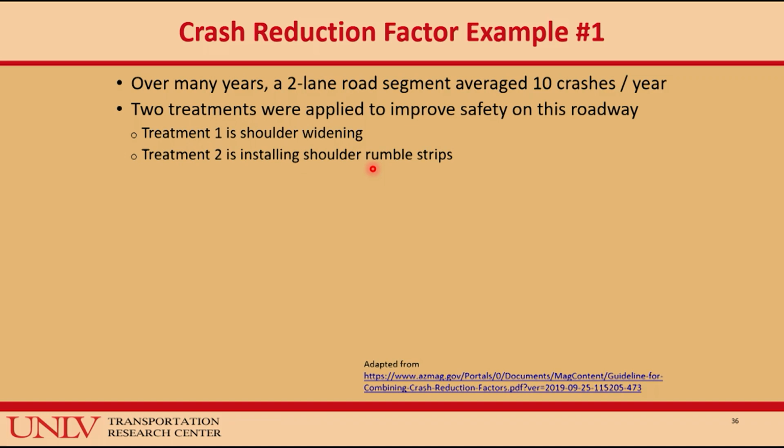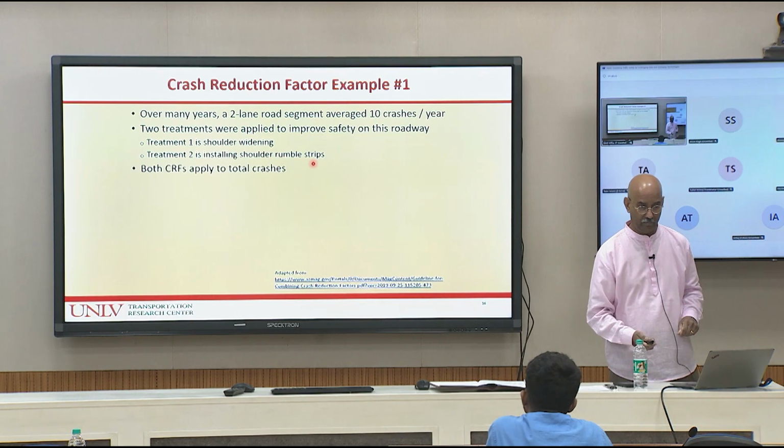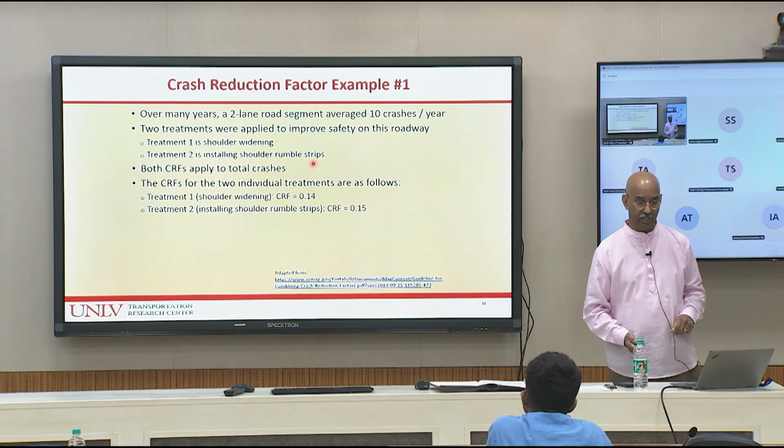And the second thing is we are installing a rumble strip. To me what this means is the problem was vehicles were running off the road. So that is why widening the shoulder and the rumble strips are appropriate countermeasures for that. So now we have 2 treatments, and corresponding to the 2 treatments, how do we apply the CRFs?